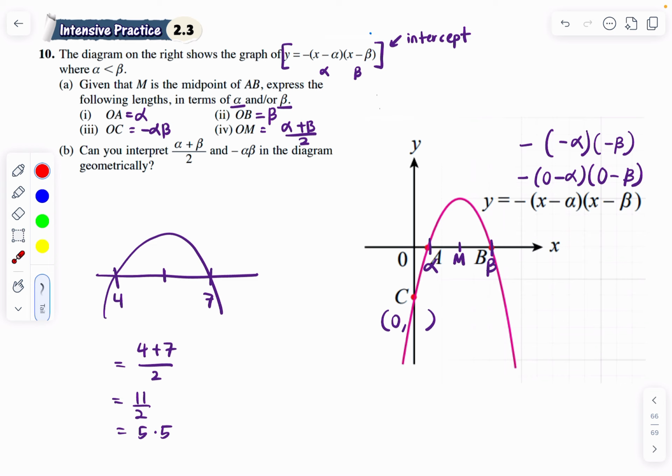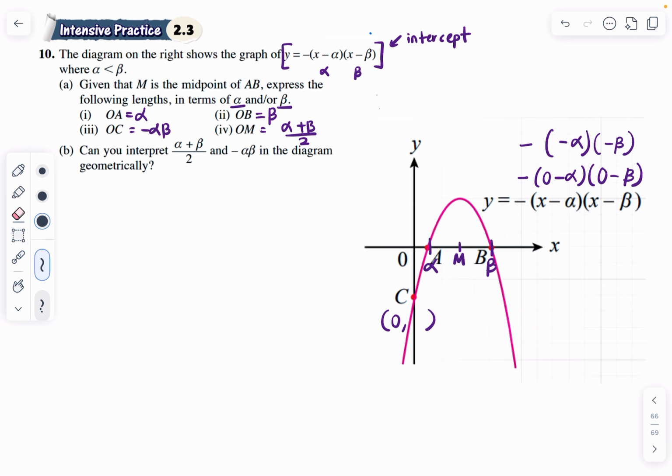It applies for everything. Let's say you have one brother aged 12, another brother aged 18, and you are the middle, right in between both of them. So how to calculate your age? You do 12 plus 18 divided by 2. 12 plus 18 would be 30, divided by 2 is 15.